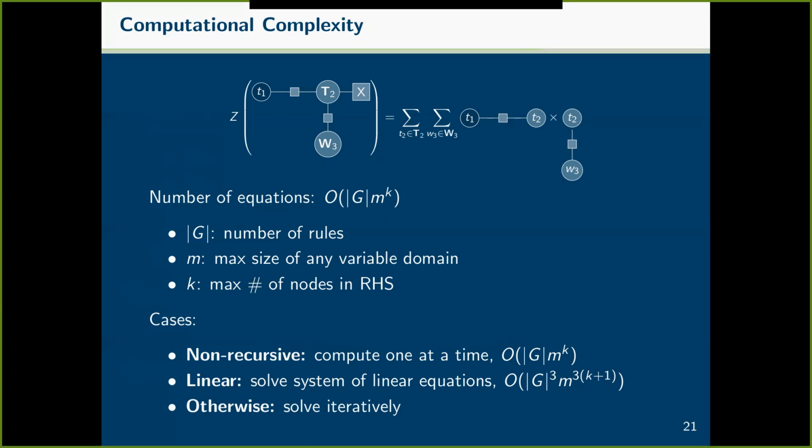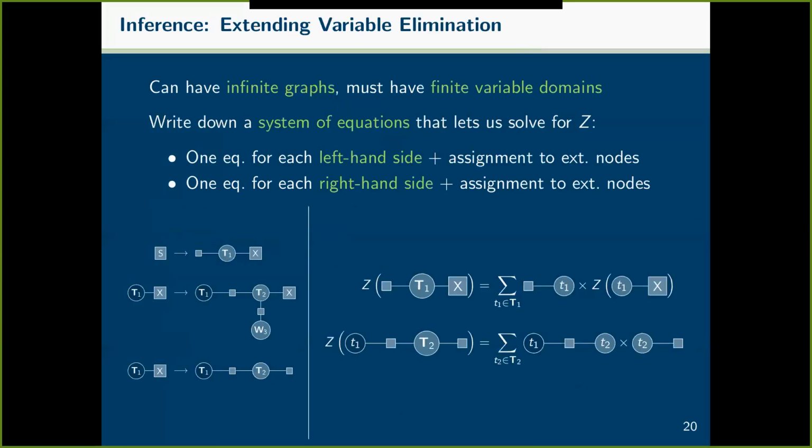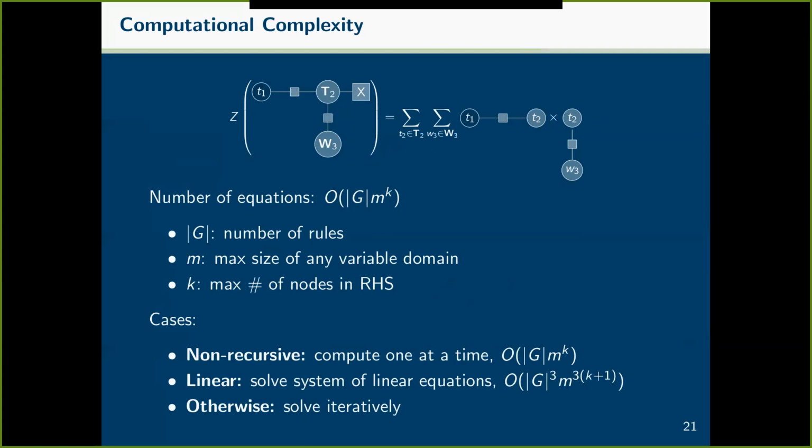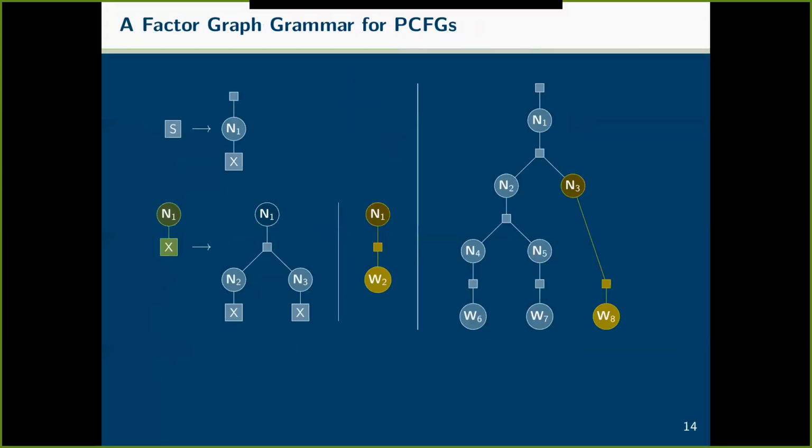Can you give an example where it cannot be linear? Yeah. So let me go back to the probabilistic context-free grammar example, but that's one of them. Actually, maybe I should go all the way back.